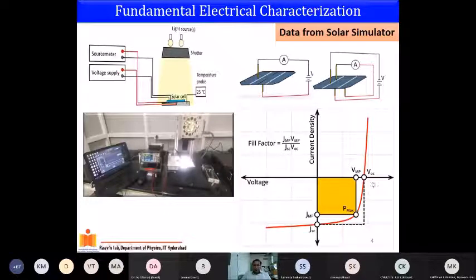You need to extract your VOC, open circuit voltage, short circuit current, and find out what is the Pmax. The ratio of the product of VMP and JMP to the VOC times JSC is the fill factor. The product of the fill factor, VOC and JSC divided by the input power gives you the overall efficiency. This is how you first characterize your solar cell.